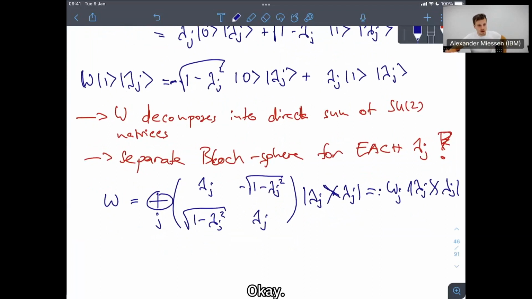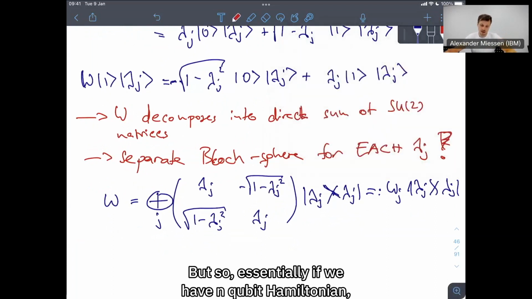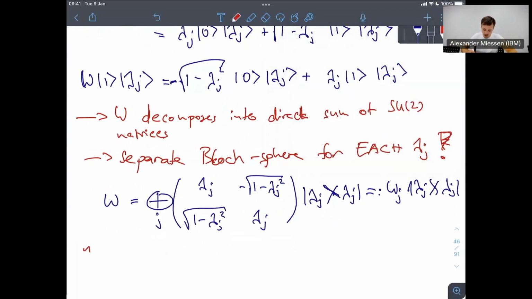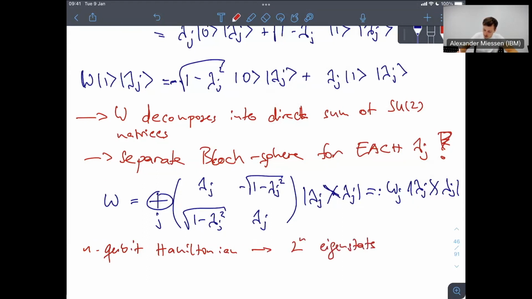Okay, I hope this is clear. But essentially, if we have an n qubit Hamiltonian, then we have 2 to the n eigenstates.